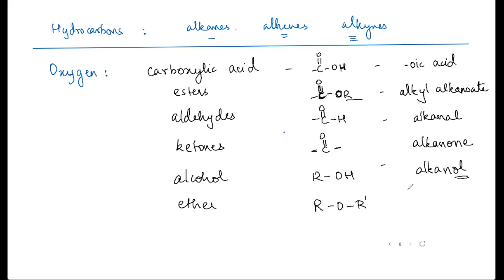One IUPAC name is alkoxyalkane. You just pick alphabetical order, like methoxymethane, ethoxyethane, it doesn't matter much. It's just indicative of the number of carbon atoms attached on either side of the oxygen. Got it. Alcohol, ether, that's about it for the functional groups containing oxygen.